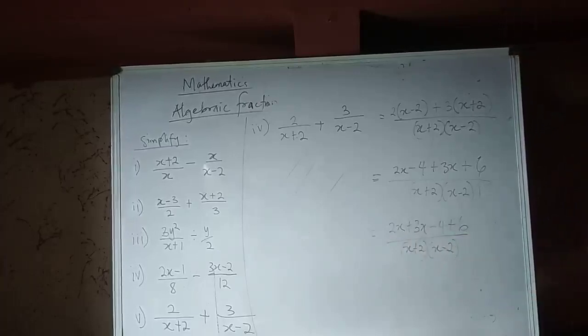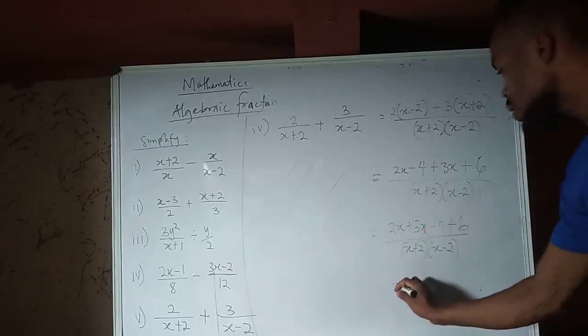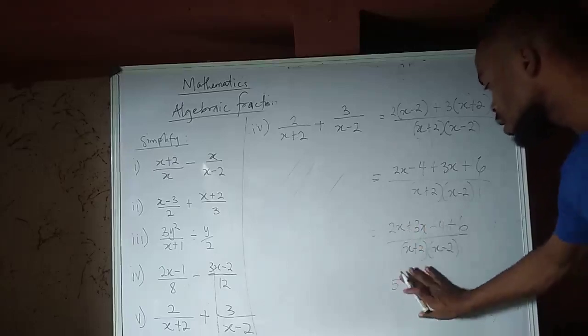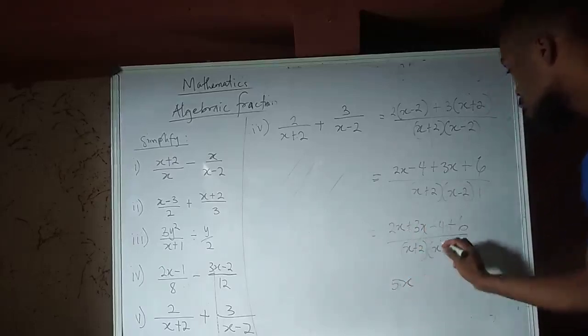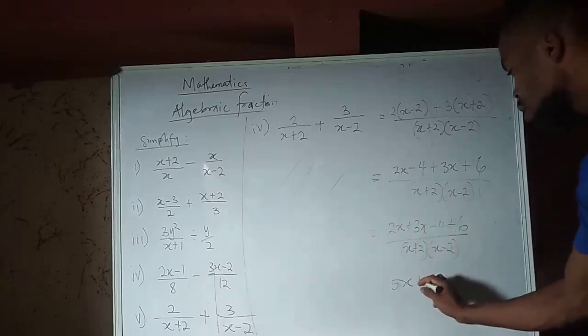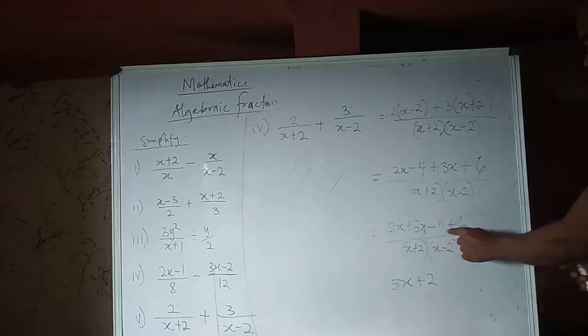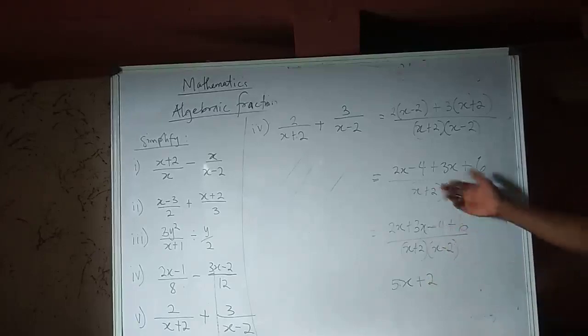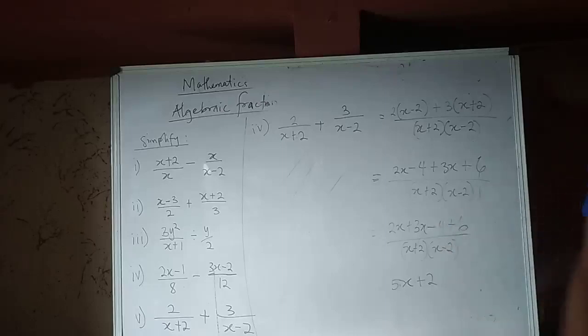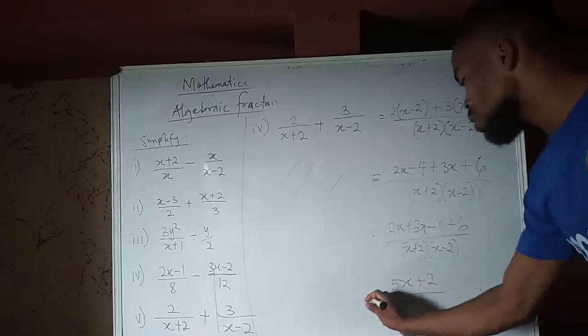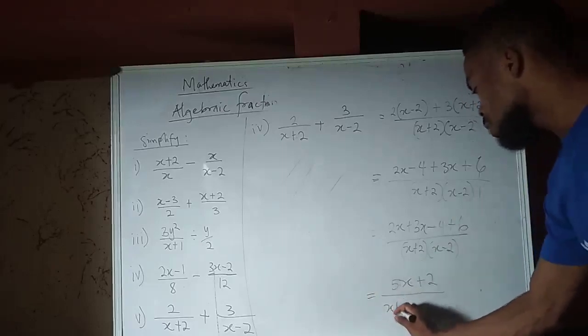Okay, so 2x plus 3x is simply 5x. Then minus 4 plus 6 is plus 2, because the 6 is in excess of the minus 4. So that's why we get that. This equals 5x plus 2 over x plus 2 and x minus 2.